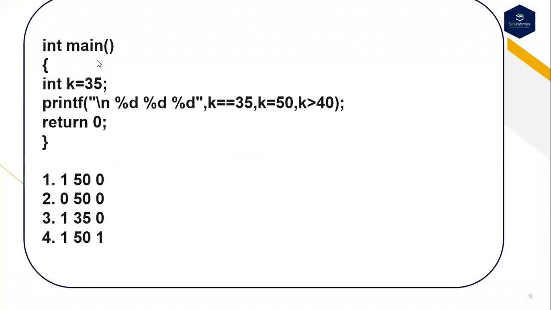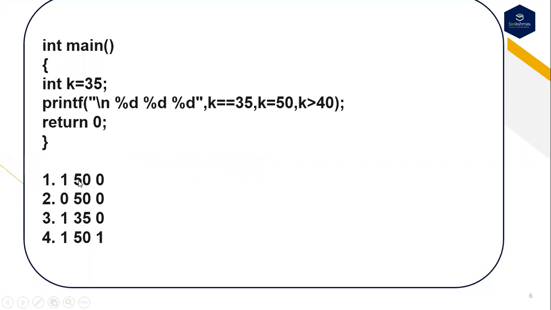int main, int k is equal to 35, printf with %d %d %d integer representation, and k double equals to 35 comma k is equal to assignment 50 and k greater than 40. What will be the output of this code?